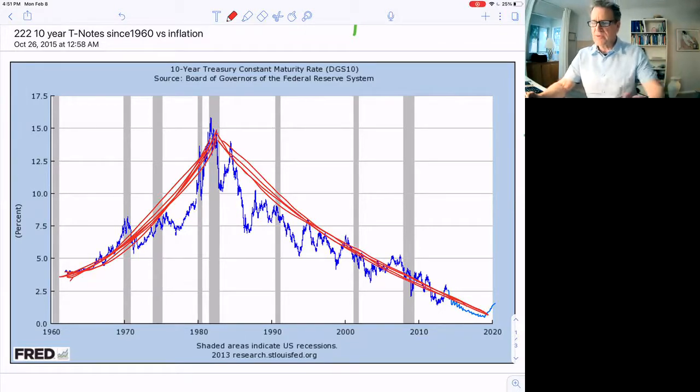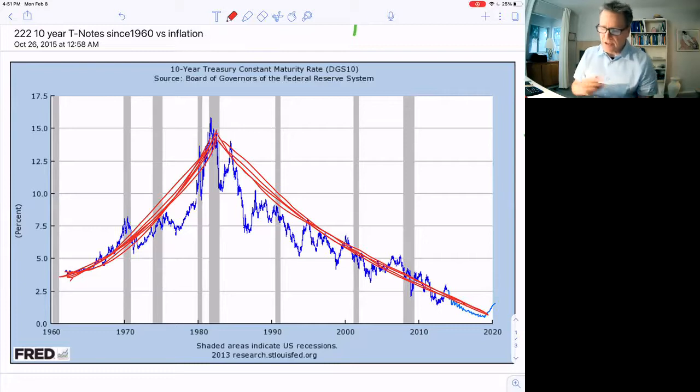What do you think is the reason for it? Why were yields on the 10-year in general going up from 1960 to 1980 for 20 years, and then for 40 years after that, dropping? In general, the trend was down, zigzagging along the way, but a downward trend.